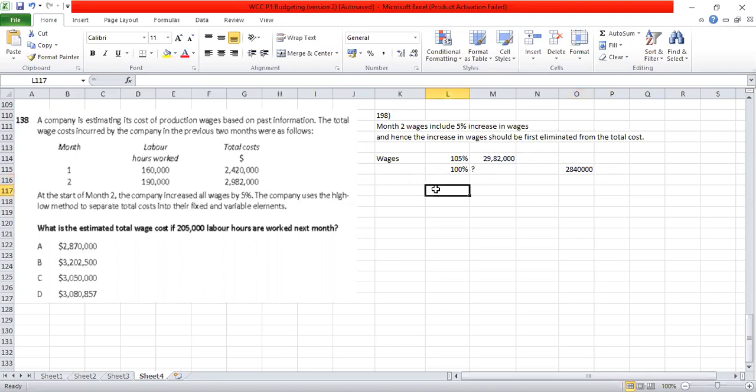We have labor hours here, and the total cost. Present it as high, then we have it as low.